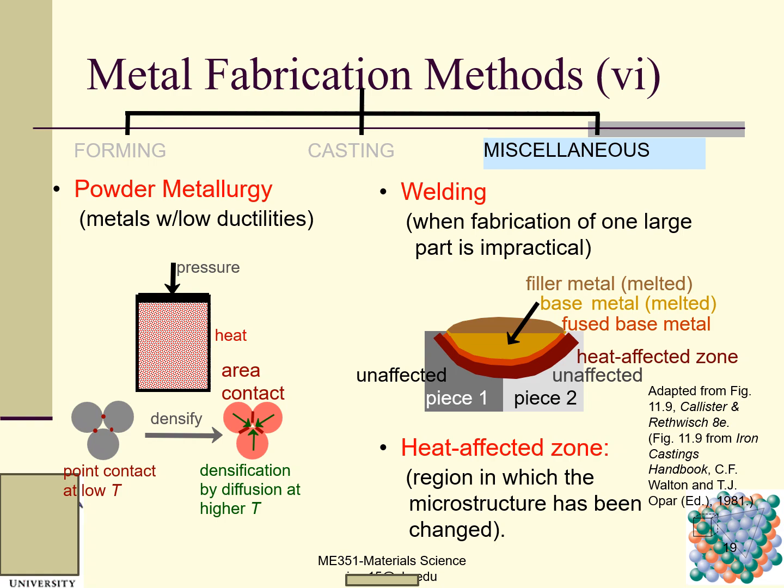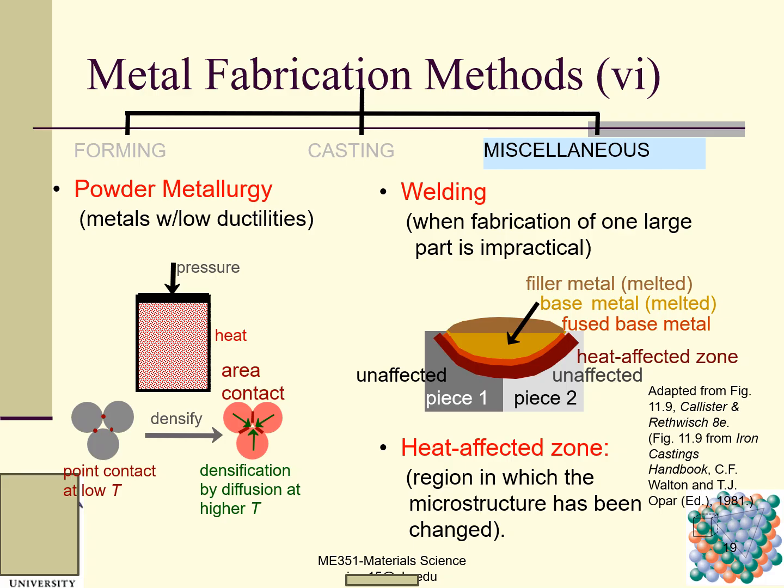Because the heat reaches this area, we call it the heat affected zone, the region in which the microstructure has been changed. This is the heat affected zone, and this one is the unaffected zone.